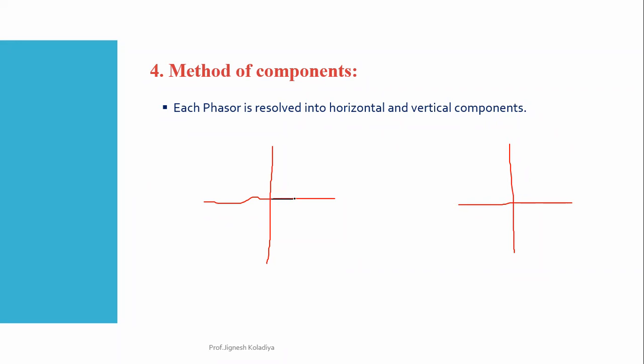In one case, the vector is lying on the x-axis. In another case, the vector is lying on the y-axis. Let us say both are Im.